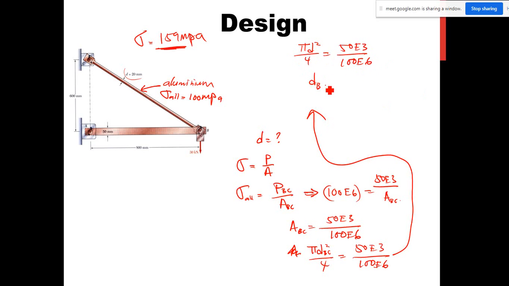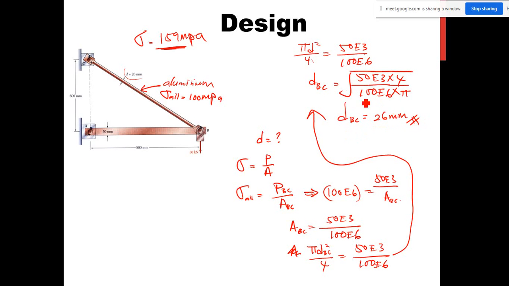So D for BC is equal to 50 exponent 3 over 100 exponent 6 times 4 divided by pi, all square rooted. I just move 4 to here and then pi to here. So from this equation, if you solve using calculator, dBC is equal to 26 mm.